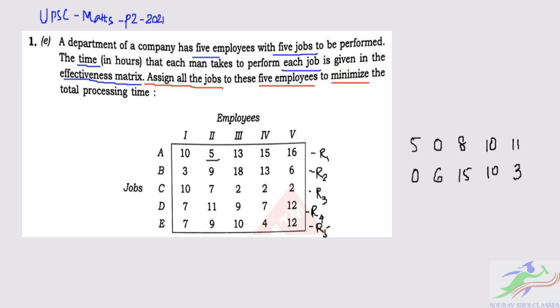In row 3 the smallest is 2, so this is 8, 5, 0, 0, 0. In row 4 the smallest is 7, so 0, 4, 2, 0, 5. And the final row, the smallest is 4, so we have 3, 5, 6, 0 and 8.